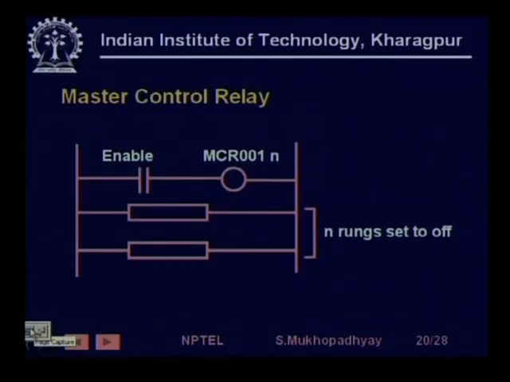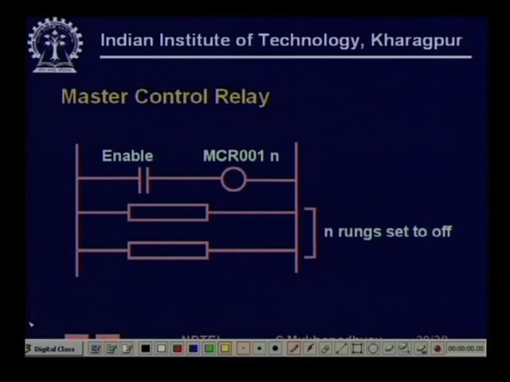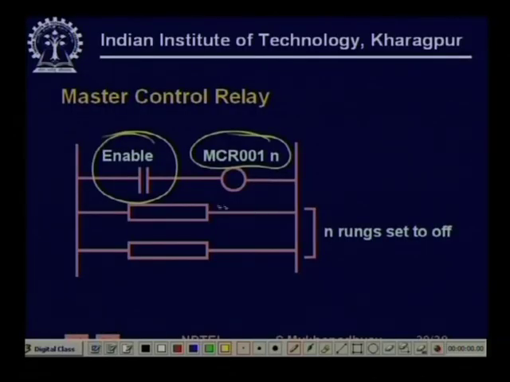Similarly, you can have another facility which we call the master control relay. This is also a program control statement, and it means that whenever the enable logic is satisfied, then this MCR output coil, which is a very special output coil, is excited, and the next n rungs will be set to their outputs. Each one of them has an output coil here, which I have not shown.